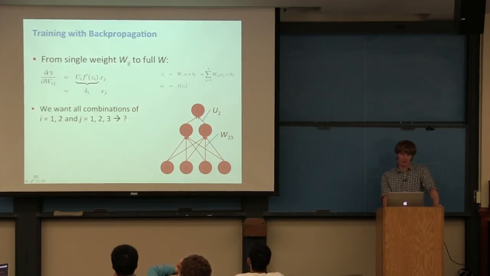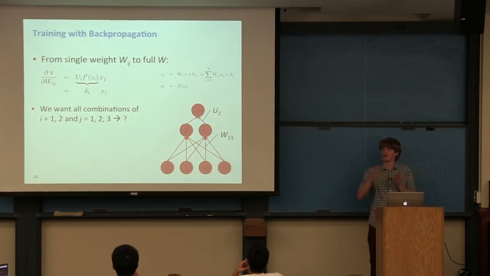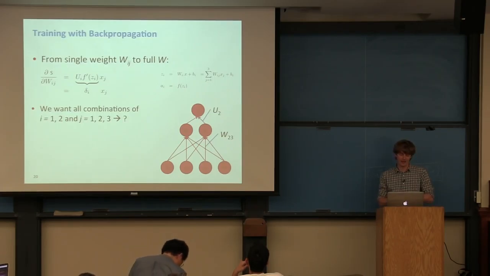All right, so now we have the derivative of the score with respect to one element of our hidden layers matrix Wij. And that's basically delta I times xj. So now, of course, we wanted to have the combination of all the rows and all the columns of this matrix. So what could we do to get from one element of that matrix derivative to all of them?